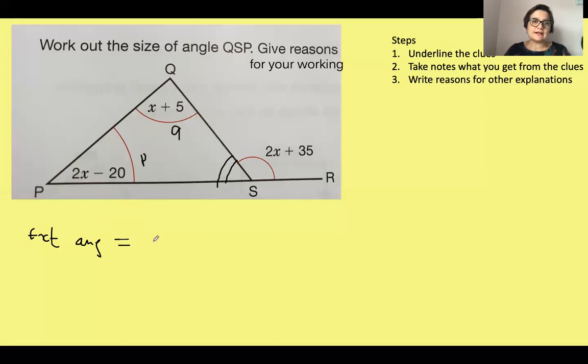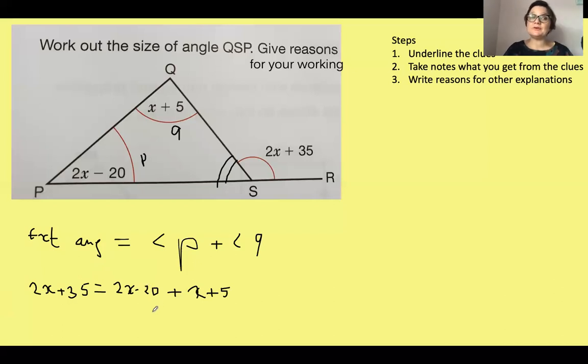So this exterior angle is angle p plus angle q, which means 2x plus 35 equals angle P, which is 2x minus 20, plus angle Q, which is x plus 5. So 2x minus 20 plus x plus 5.